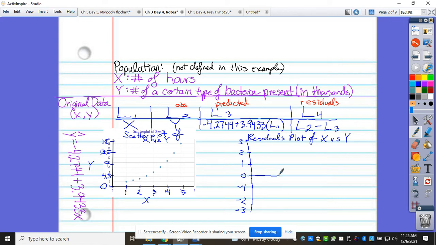And so you've always got the x-axis going somewhere through about the middle. And so I'm going to put x's are here. These are my residuals. And what do I know about how I'm numbering my x-axis? The exact same way that I did it over there.